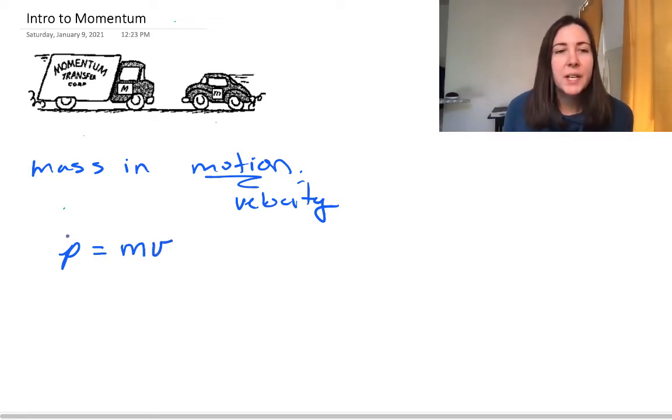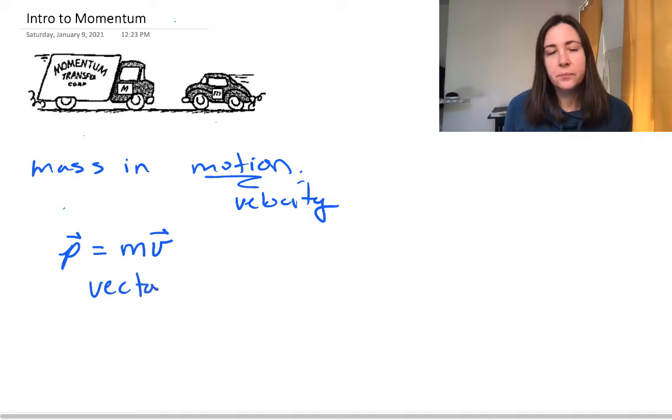Now, if you look in a textbook, you'll probably see arrows over the top of these. These arrows just mean that this is a vector, or that it has direction.